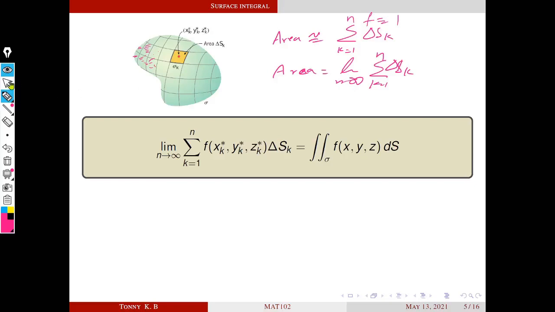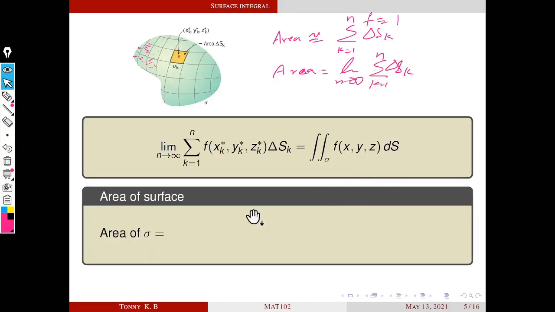The corresponding notation is the double integral over sigma of 1 dS. So if we simply integrate 1 over a surface sigma, we get the area.